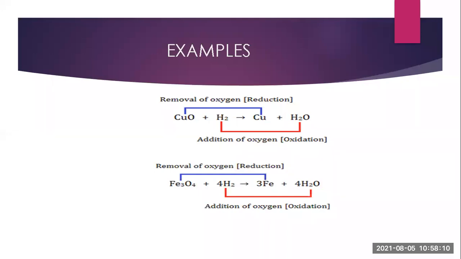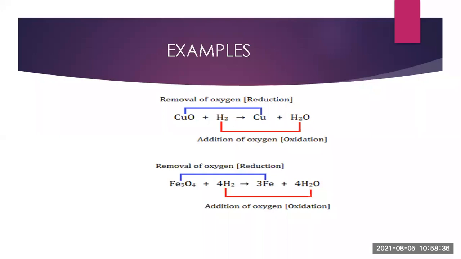Now here H2 is present. When CuO, copper oxide, reacts with hydrogen, what happens? You can see that oxygen is present in the copper oxide, so copper will lose its oxygen, and this oxygen is gained by the hydrogen.